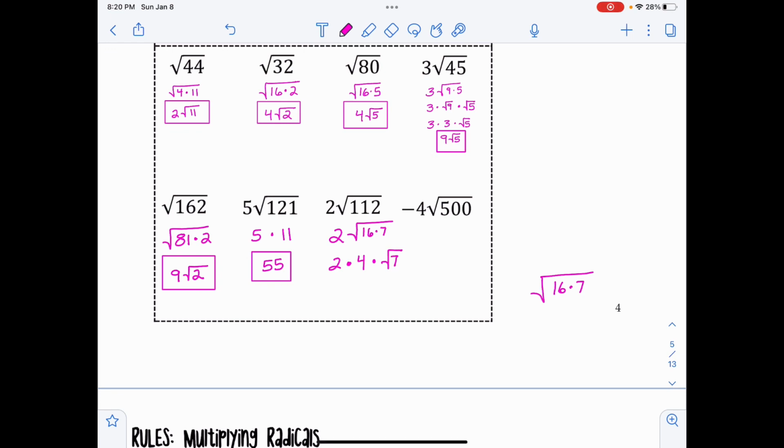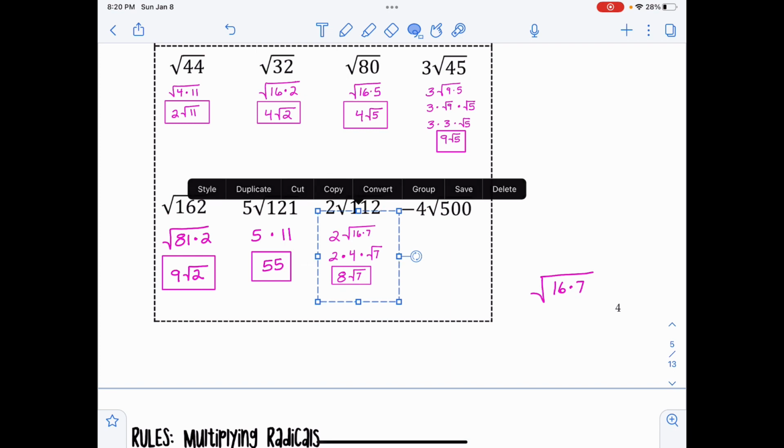So now I have 2, which was on the outside of my radical, times 4, which is the square root of 16, times the square root of 7. So that's going to be 8 times the square root of 7.